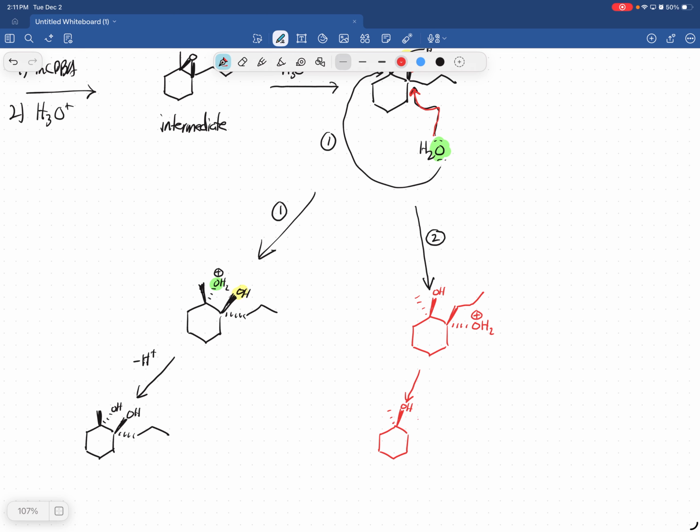Okay, boom. And I believe it doesn't matter if you attack from the top face or the bottom face, you're going to get the same pair of products. But anyway, you don't have to draw all of them. I will probably ask you just draw one enantiomer, okay?